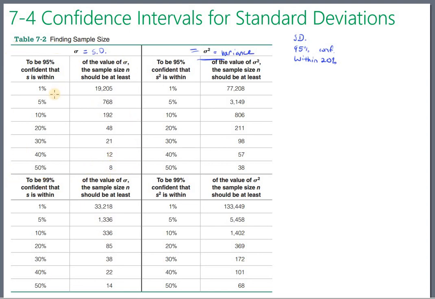And we want to know within 20%. So sample size: 48, boom, that's it, we're done. No formula, no calculator work, that's it. Okay, so I think with those 3 examples, you should be set for tackling section 7.4. So go to it.